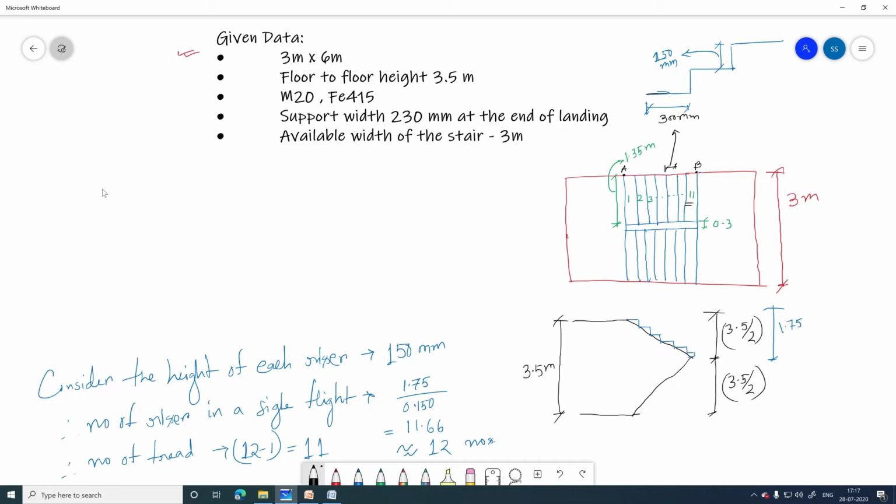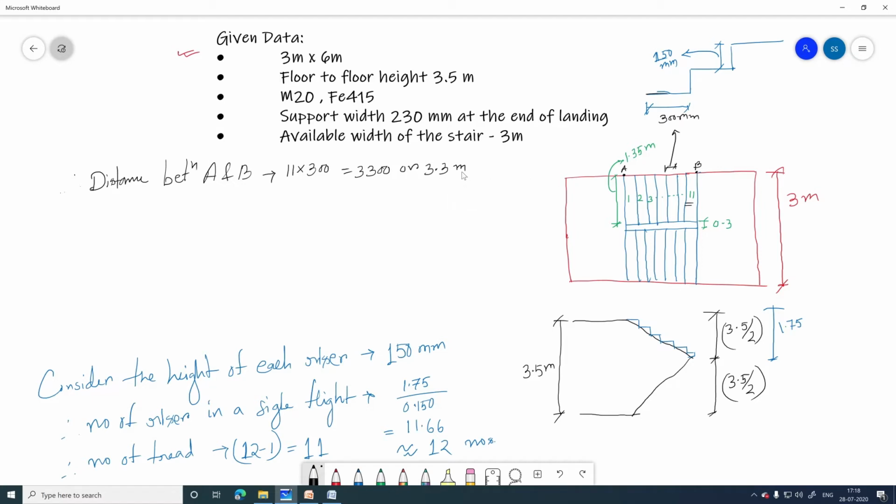That will be 11 into 300, and that is 3300 in mm, so 3.3 meter. Okay. So that means the distance between A and B is 3.3 meter.